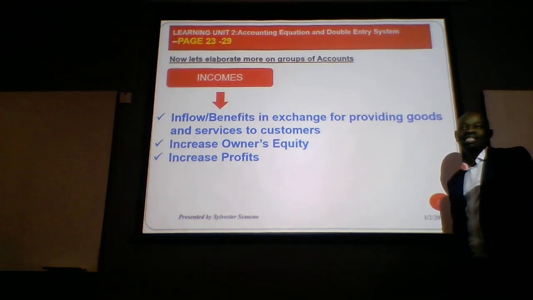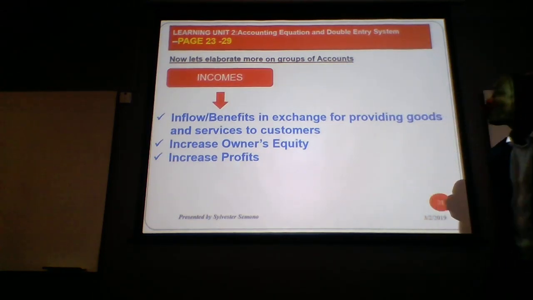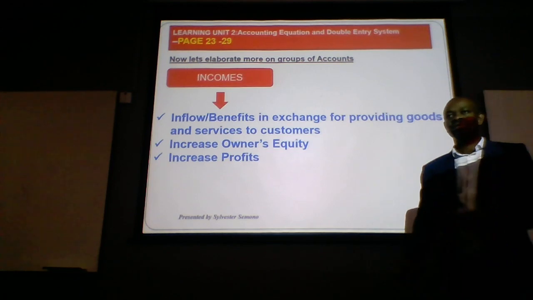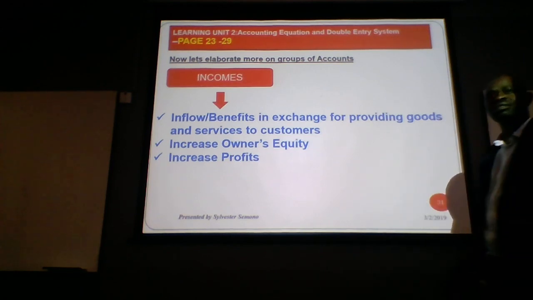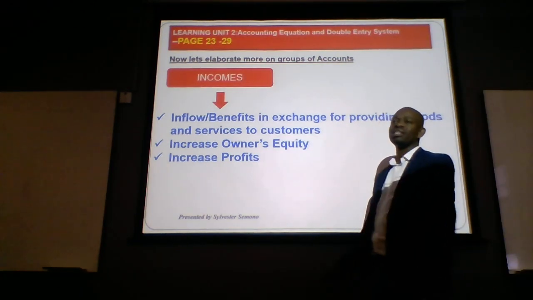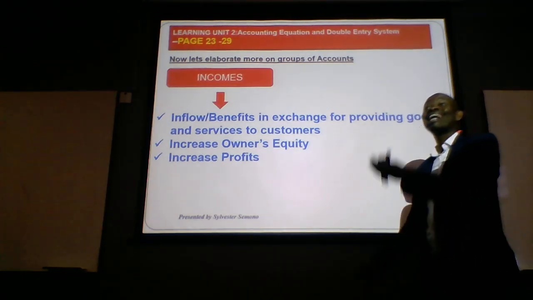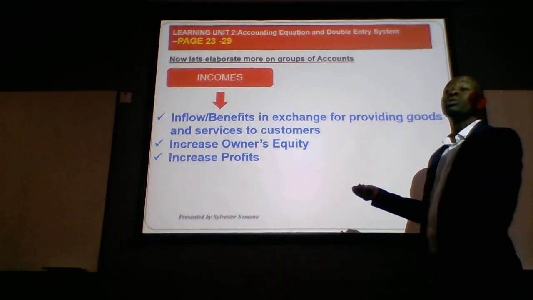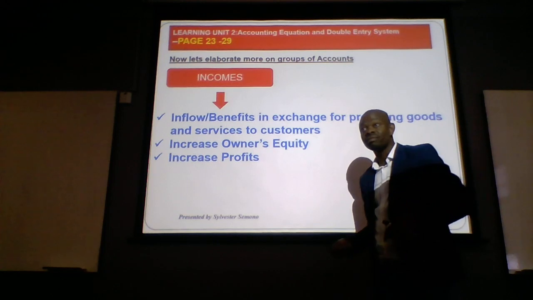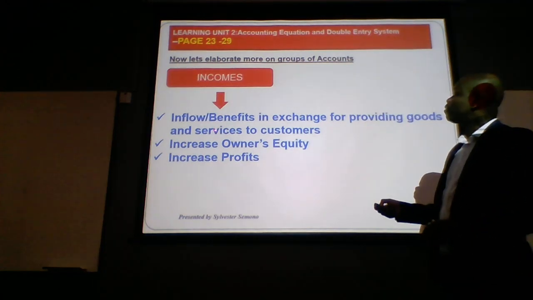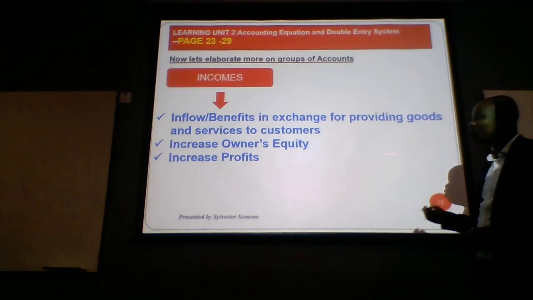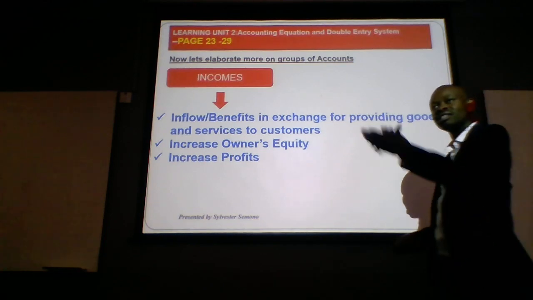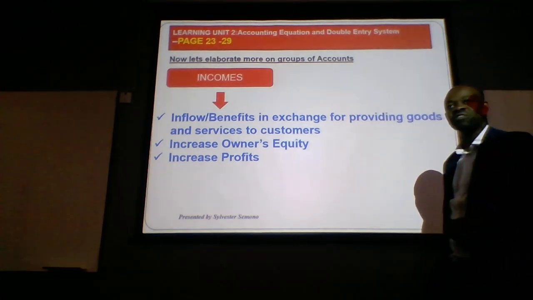Now, incomes, as I said, why are we in business? Because we need incomes. You can't just run a business for fun unless you are running a charity organization. It's understandable. It's a non-profit organization. But we need to generate income for us to survive. Okay? Inflows, benefits in the exchange for providing goods and services to customers. Yes, I sell to you, you give me what? An income in the form of sales.